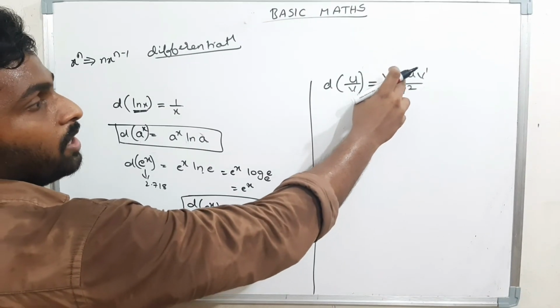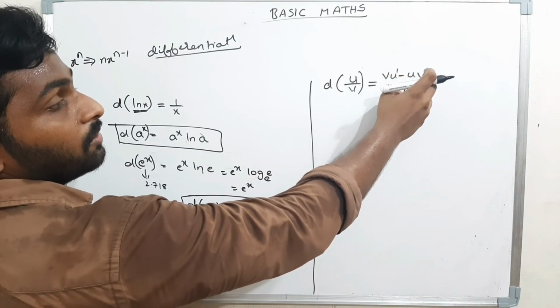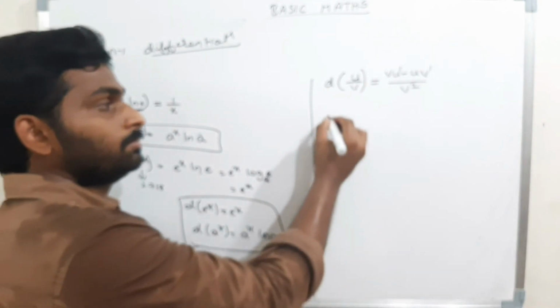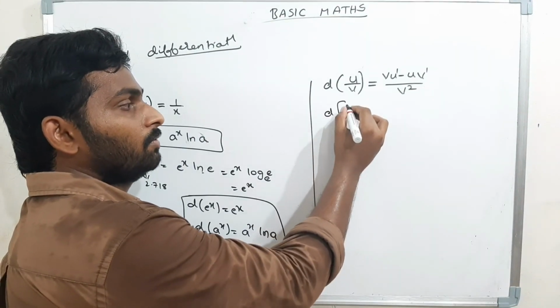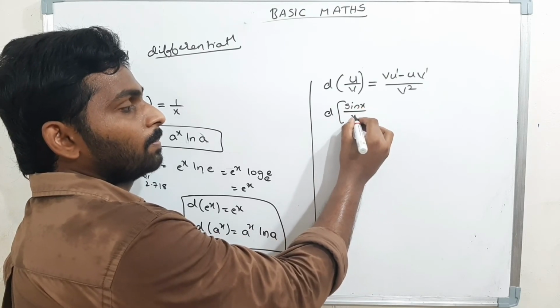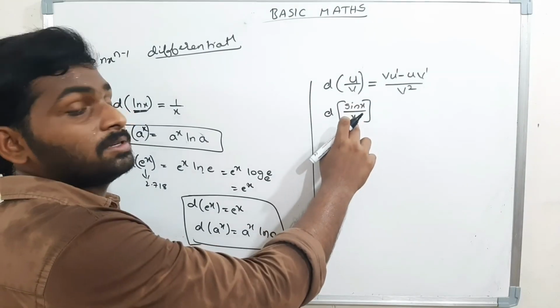V u dash means v times differentiation of u, minus u v dash means u times differentiation of v, by v square. Now how to use this formula here? Differentiation of sin x by x. Sin x is u, x is v.